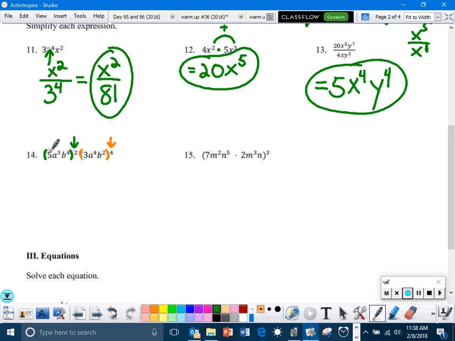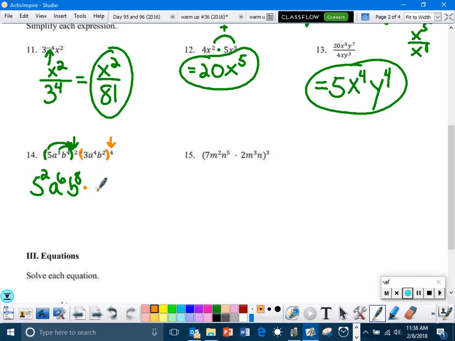So 5 is going to get squared. Okay, I'm just going to write it. So that's 5 squared. I am going to simplify that in a little bit, but 5 squared. Okay, the rule here is you have an a to the 3rd, and then you have the 2. Well, that would be multiplication in this case. So 3 times 2, so that's a to the 6th. Same thing with the 4 and the 2. This is where we multiply. So that would be b to the 8th.